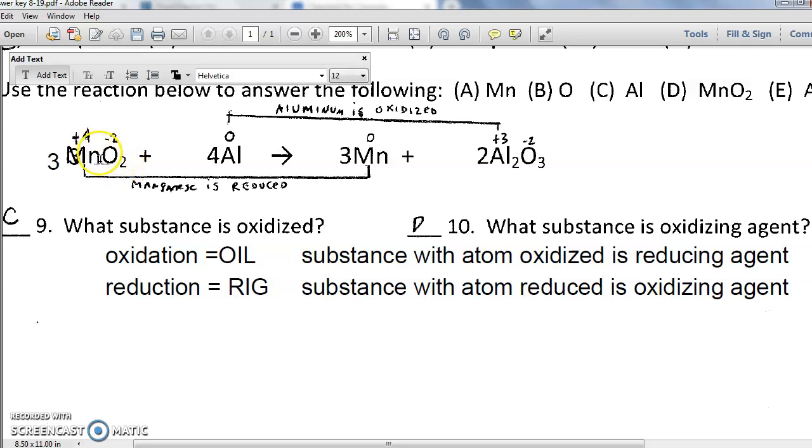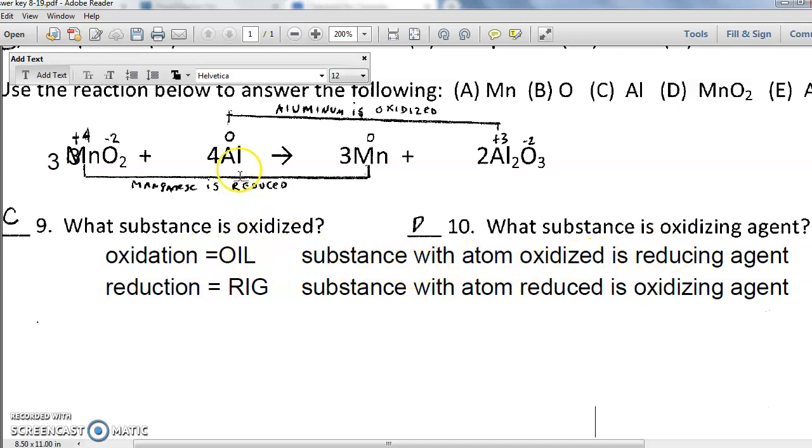So MnO2 has manganese in it. The manganese was reduced, so the MnO2 is the oxidizing agent. The substance that was reduced is the oxidizing agent. The substance that was oxidized is the reducing agent.